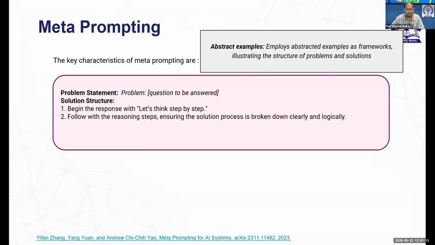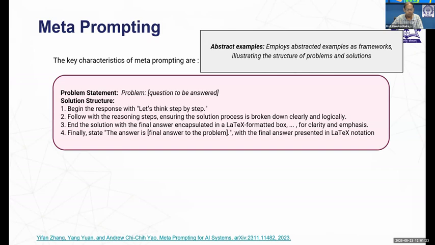Follow with the reasoning steps, ensuring the solution process is broken down clearly and logically. End the solution with the final answer encapsulated in a LaTeX formatted box for clarity and emphasis. Finally, state "The answer is" the final answer to the problem, with the final answer presented in LaTeX notation. So what is meta prompting? All these steps that I mentioned together are meta prompting.